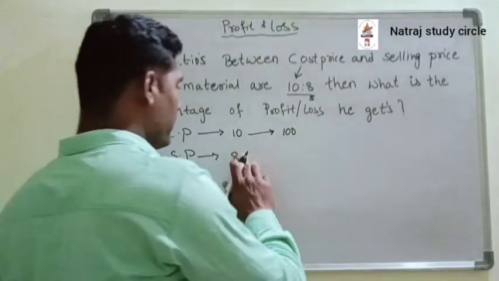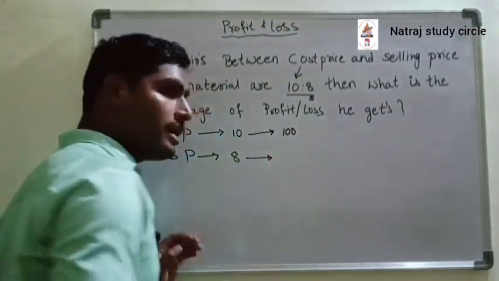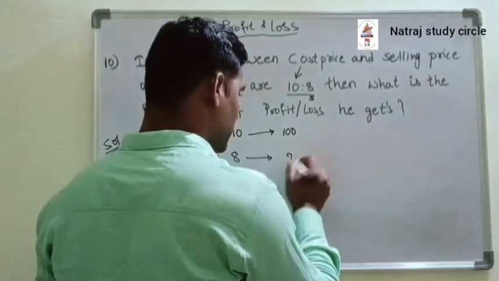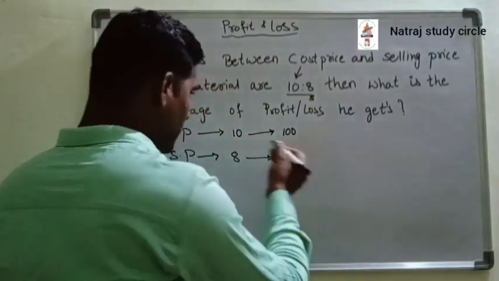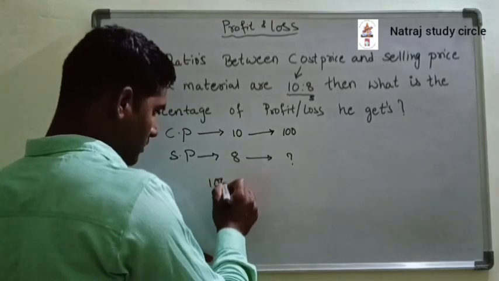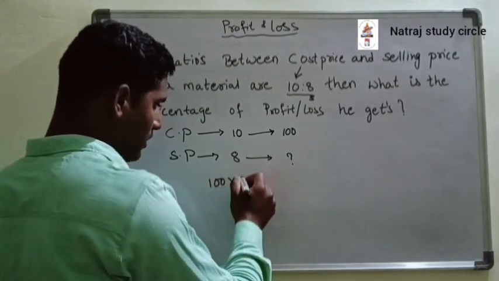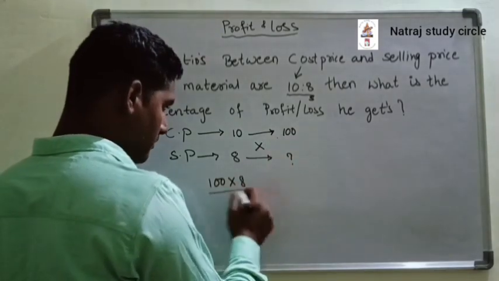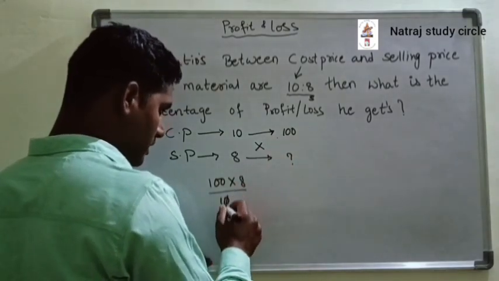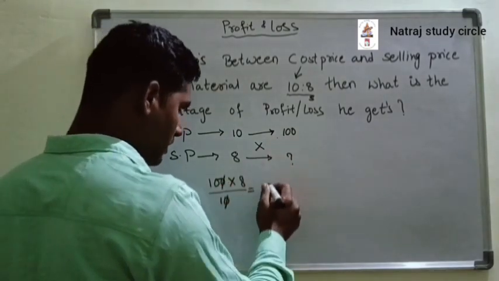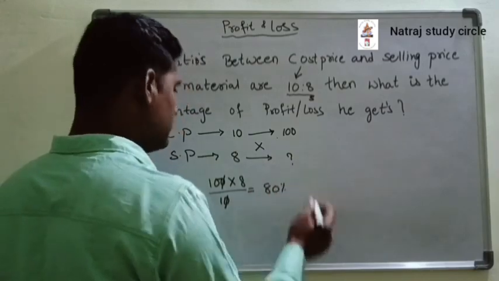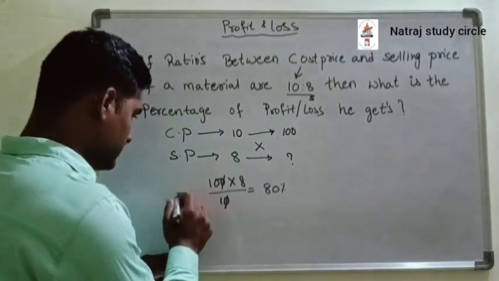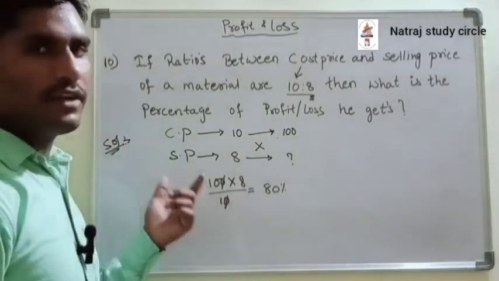So we have to find the selling price, what he sold the material for. 100 into 8 divided by 10, we can cross multiply it. 10 ones, 10 zeros. So 80% is the selling price of that material.